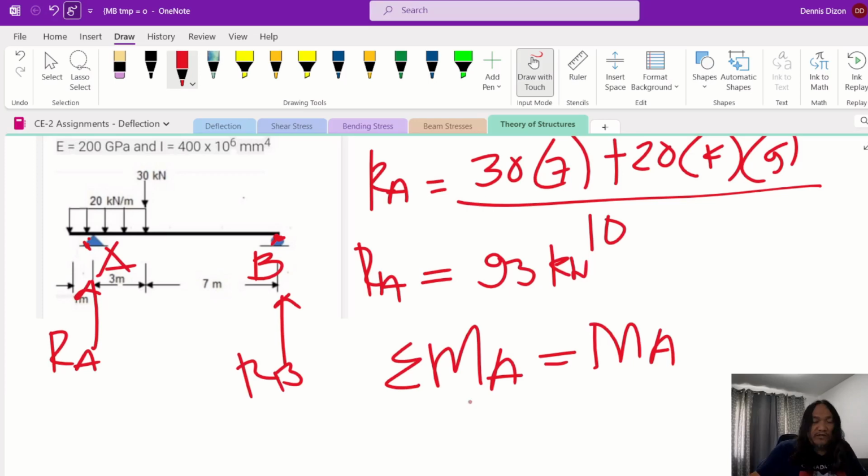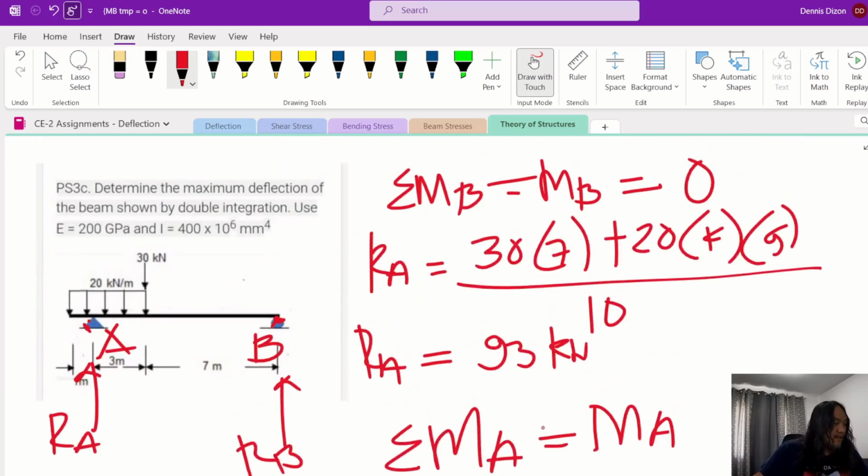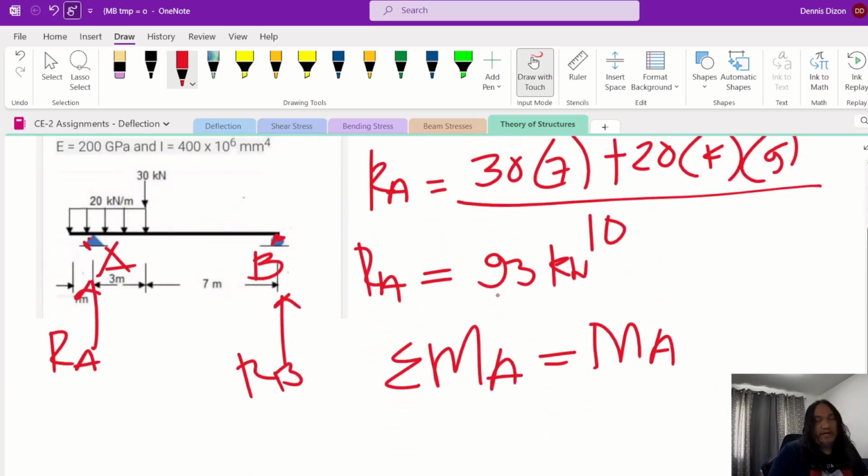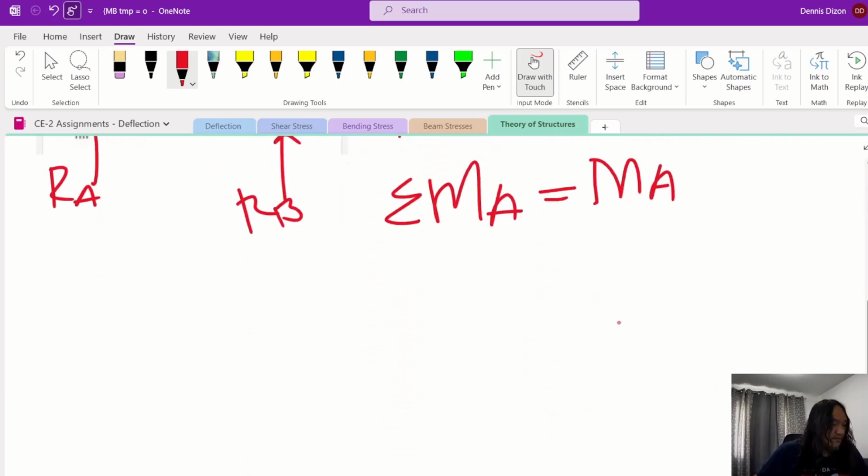So first we will do the first solution, which is summation of moments at A is equal to the moment at A. Now, if you look at the load diagram, we have a uniform load. We have a cantilever which is 1 meter. So we will draw the load diagram.